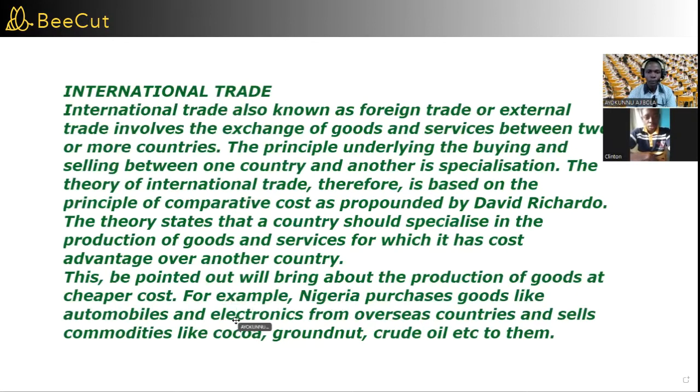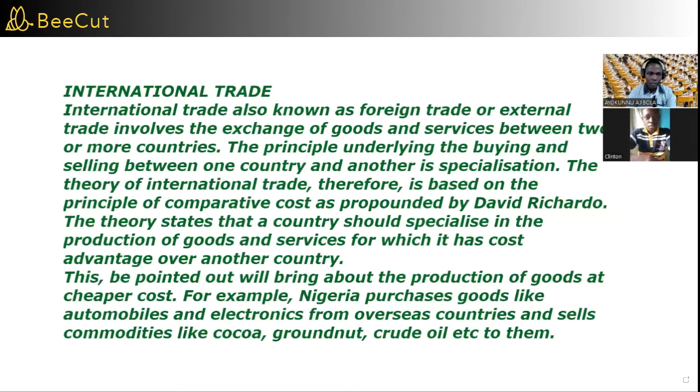For example, Nigeria purchases goods like automobiles and electronics from overseas countries and sells commodities like cocoa, granite, food, oil, and so on to them, because those ones are easier for us to produce than the things that we import. So just take note of that.